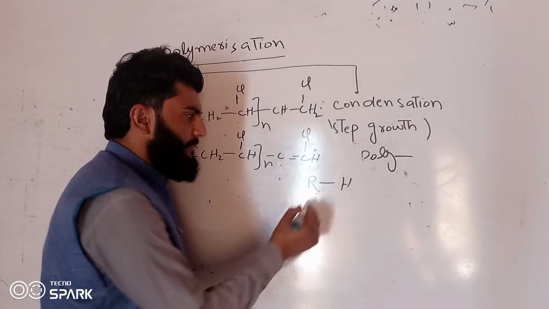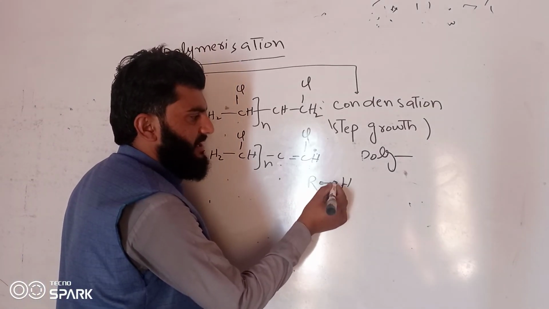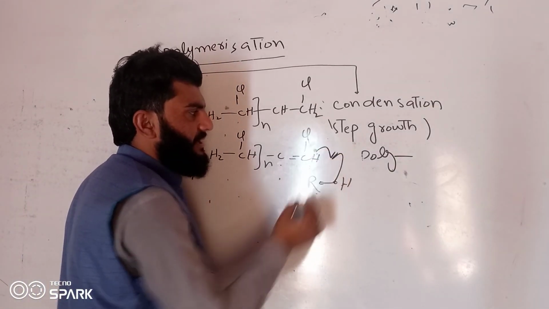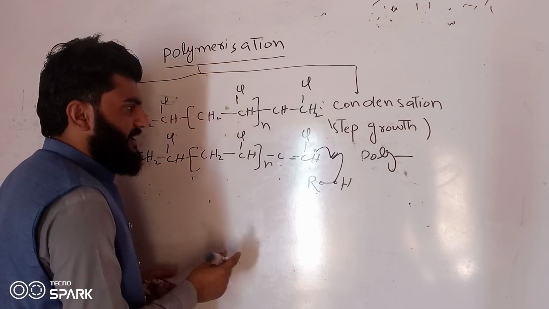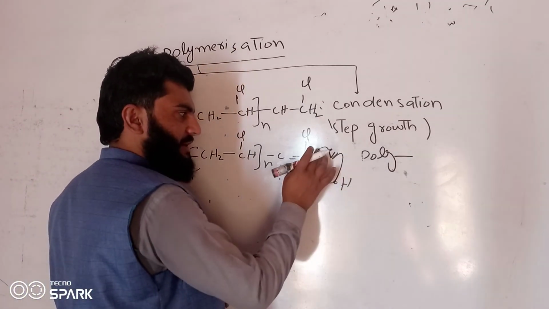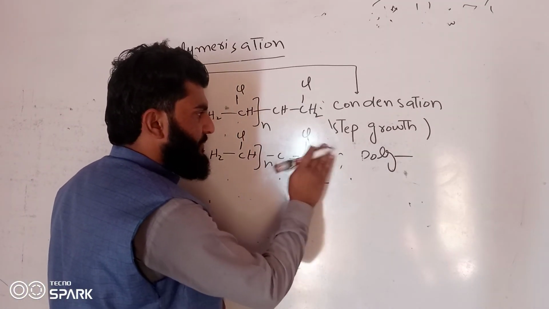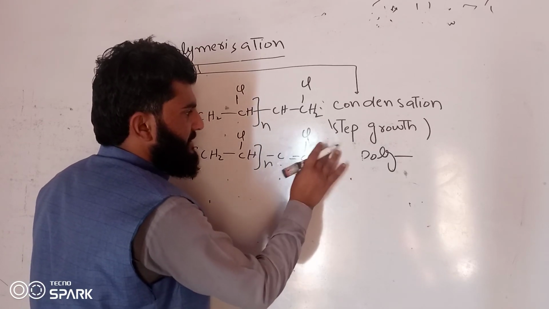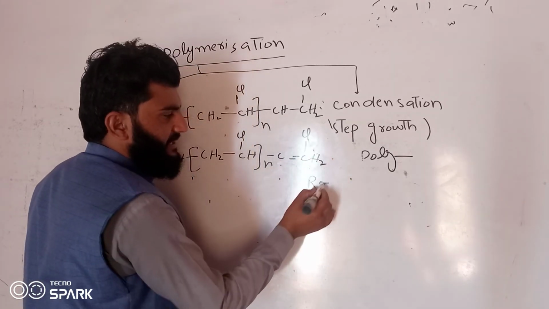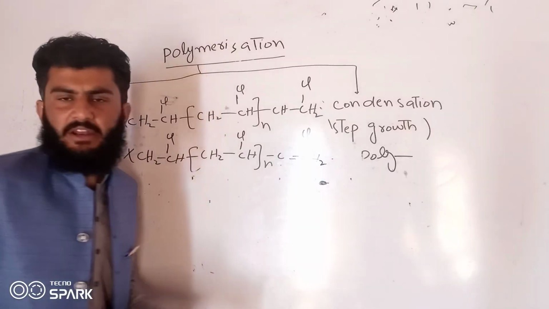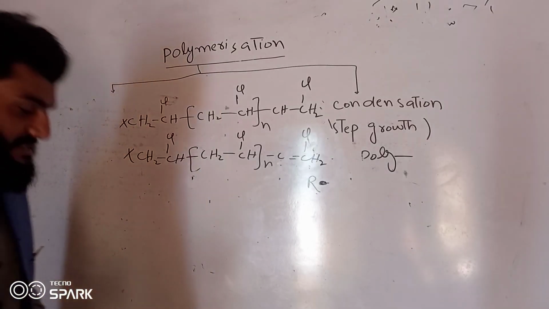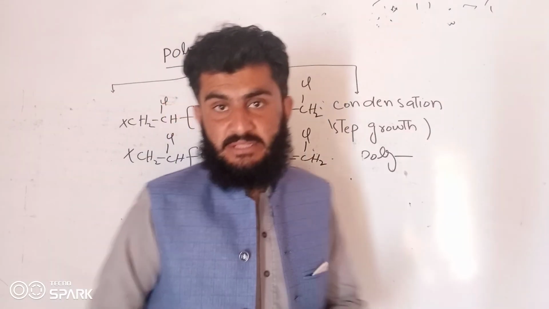So what will happen? For example, these are two electrons, one combines here and the other combines here. As a result, this hydrogen comes here, and this will remain in free radical form. So these are three ways.